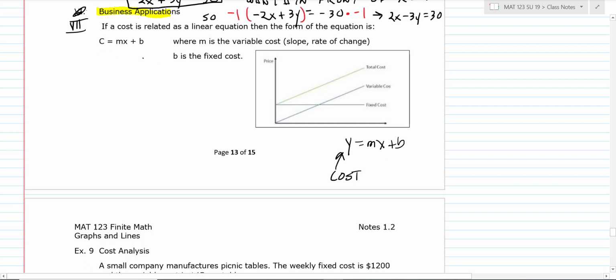So you can kind of think of it like this. B is what we call the fixed cost, and we'll talk a little bit about what a fixed cost is here in just a minute. And then M is what we call the variable cost. So that varies as you produce more and more items.